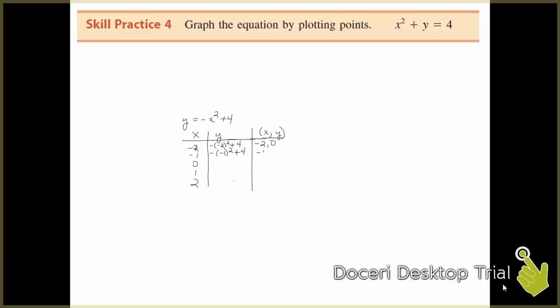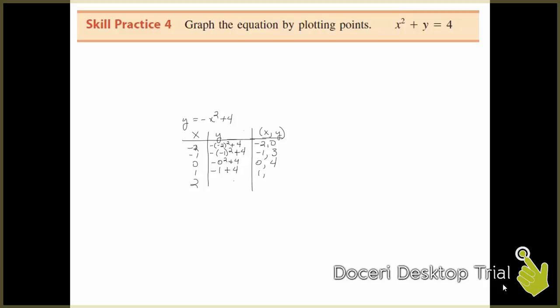So negative 1 is my x, 1, and then make it negative. So it's negative 1 plus 4 is 3. And then 0, negative 0 squared plus 4 is just going to be 4.